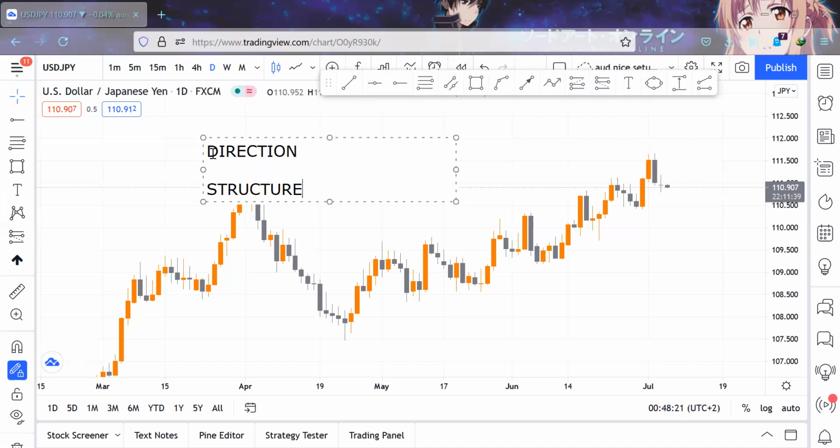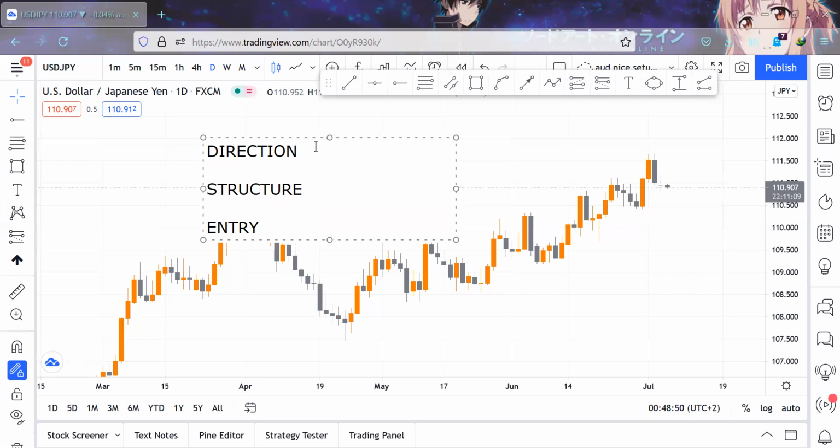We are still going to be using structure, but from a higher timeframe perspective. That means it will give us a long-term directional bias. And then the third timeframe, which will be your smallest timeframe compared to the above ones, will be your entry timeframe, right?